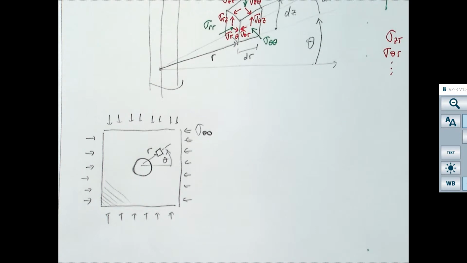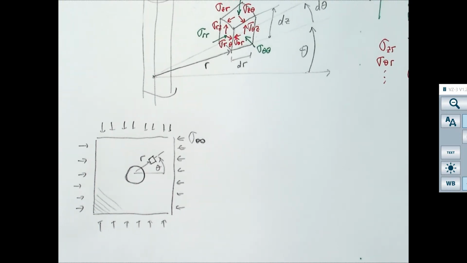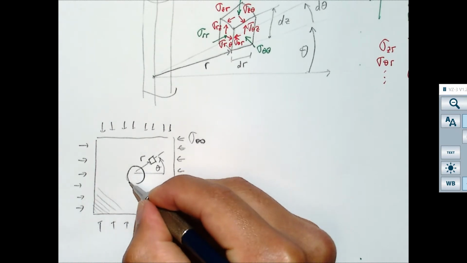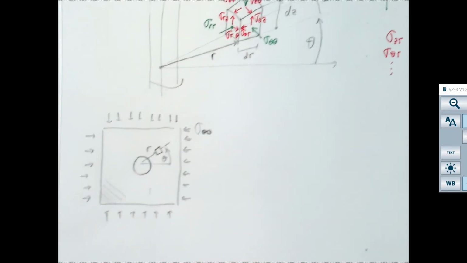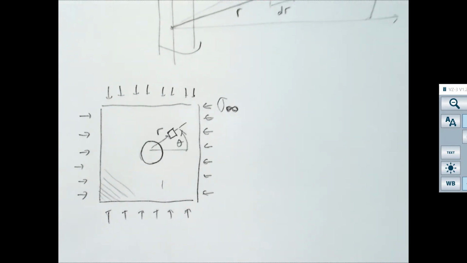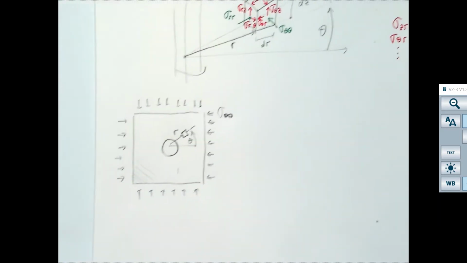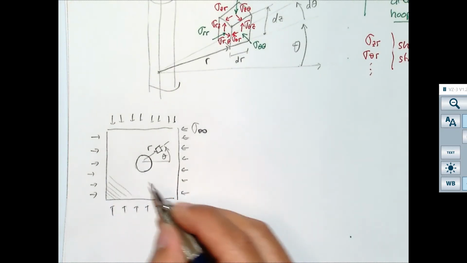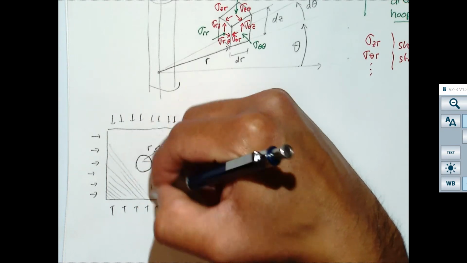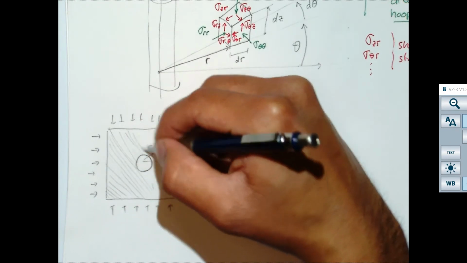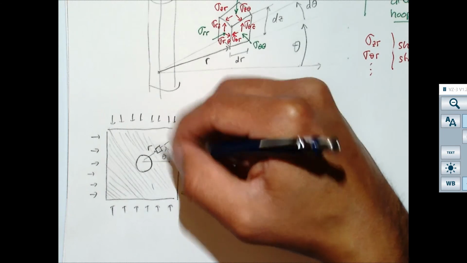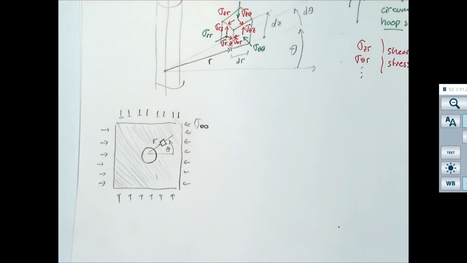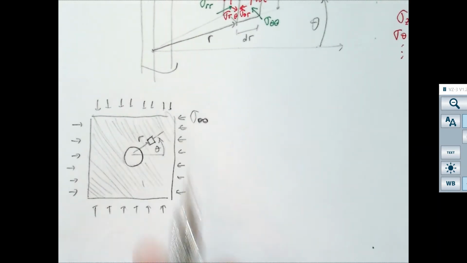Before we write any equations, let's try to figure this out just by thinking about what would happen in this case. First of all, in the wellbore, there is nothing, okay? We drill away this section of the wellbore, so there is nothing in it. So what is going to be the stress on the wall of the wellbore, perpendicular to the face?